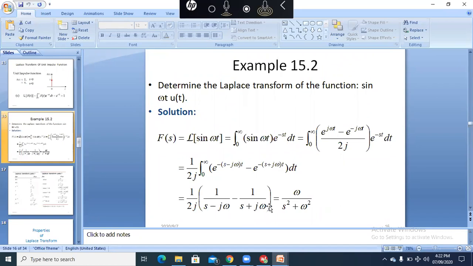By solving this, we will get omega over s squared plus omega squared.